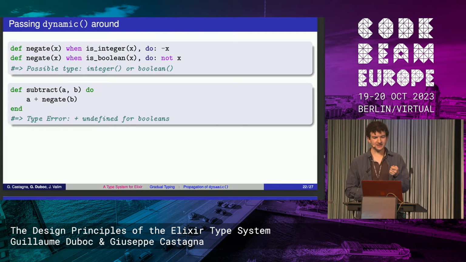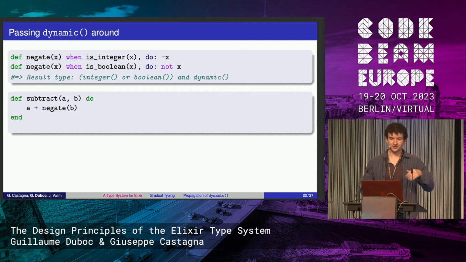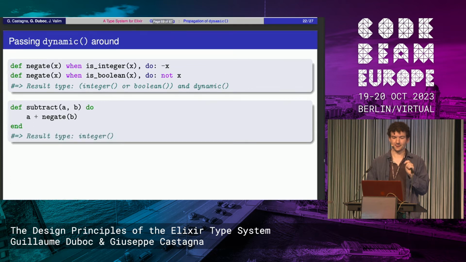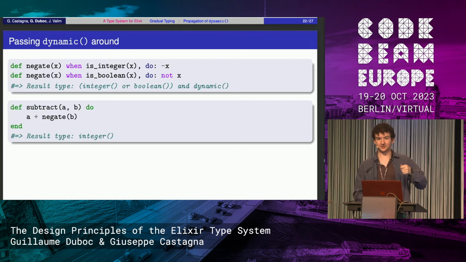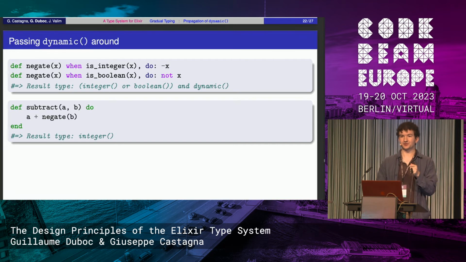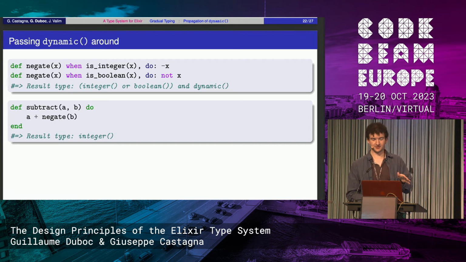And the way to mitigate that is that in dynamic mode, this return type is going to be intersected with the dynamic type. And this type, integer or Boolean and dynamic, is a dynamic type that is bounded, that has to be within integer or Boolean. Which means that the type checker, when it sees A plus negate of B, knows that plus is a strong operator that checks if its inputs are integers. And it knows that integer or Boolean and dynamic can become an integer.